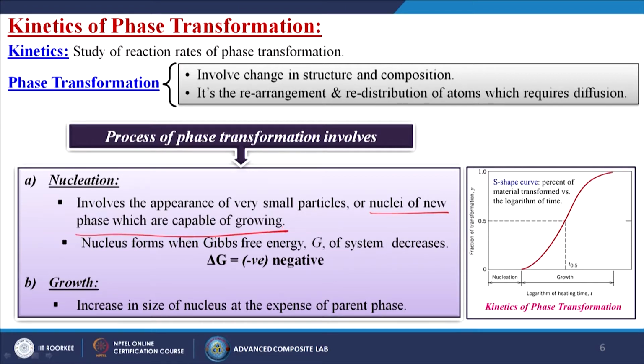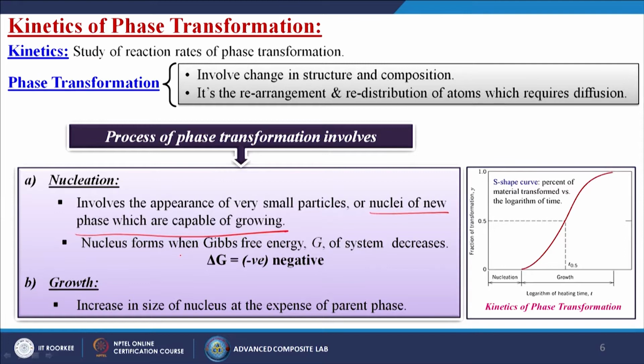A nucleus forms when the Gibbs free energy G of the system decreases, so delta G is negative. Growth is the increase in size of the nucleus at the expense of the parent phase. Now it has been born and it will become bigger and bigger.